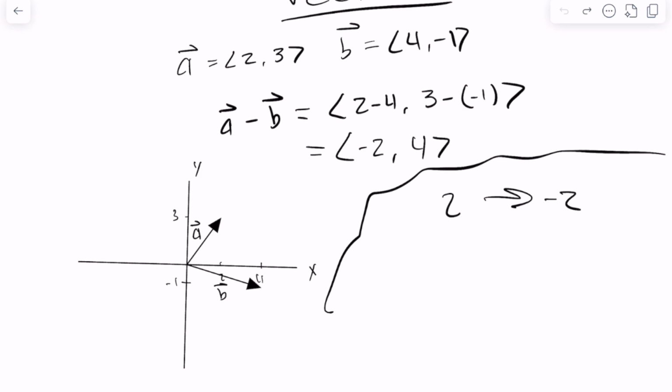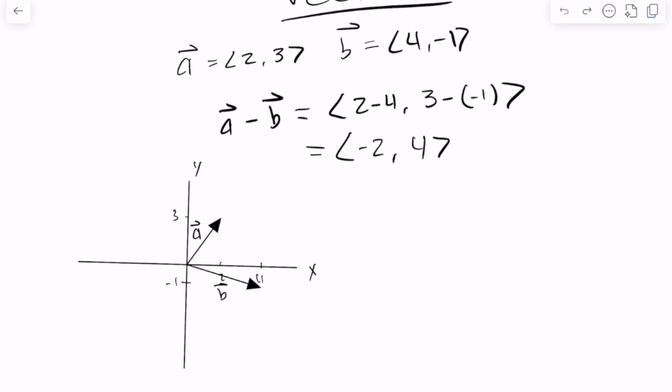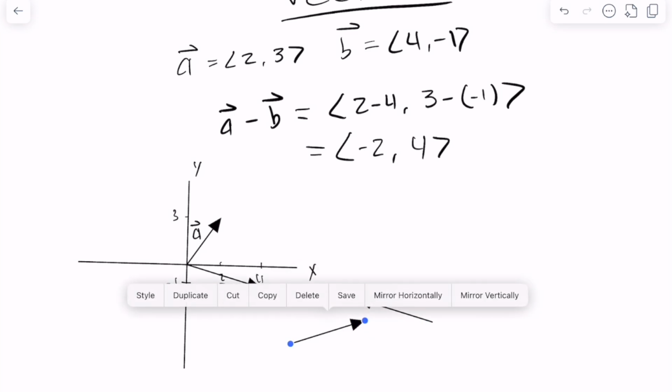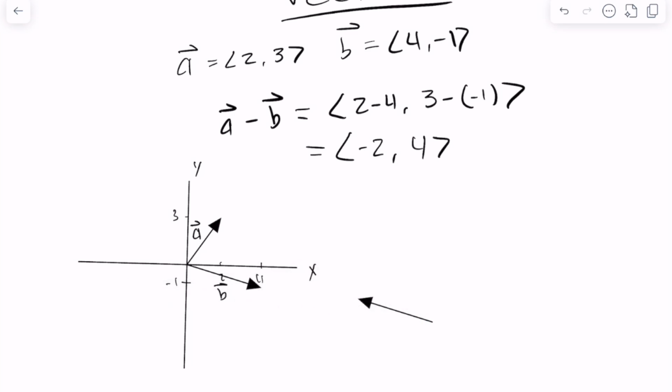So knowing that analogy, let's look at what we do here. I'm going to take our vector B, and it's a little tricky to do here, but I'm going to mirror it vertically, and then I'm also going to mirror it horizontally. So what I really just did there is all I did was flip it. So look, now it's the complete opposite direction of itself, as you can see.